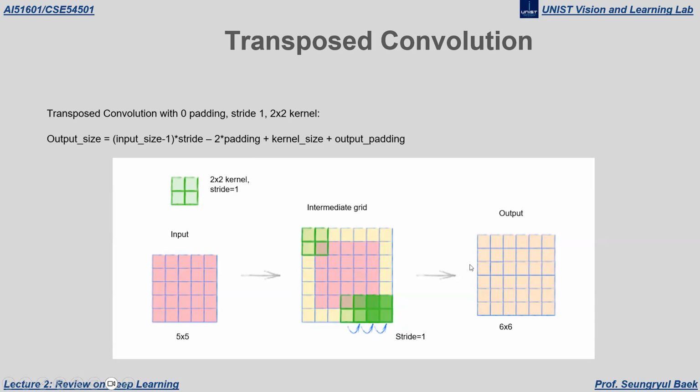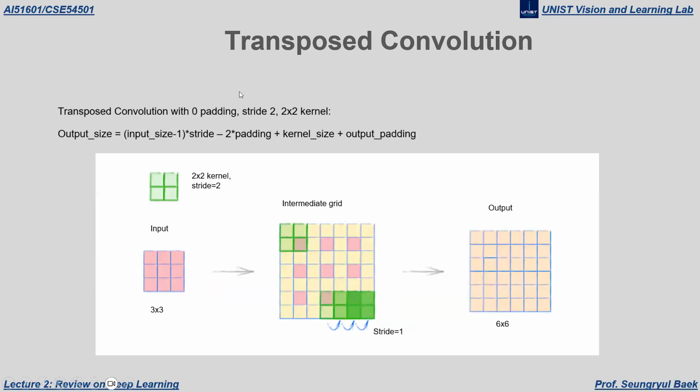Then the output size is 6 by 6. The input image was 5 by 5, but now the output image size is 6 by 6. You can see that the input image is now smaller than the output image, inversely to the convolution operation.